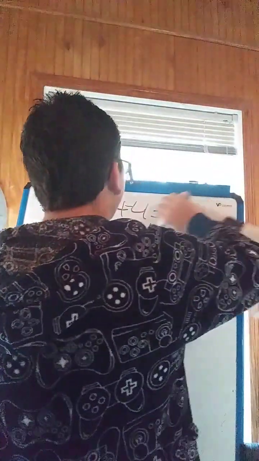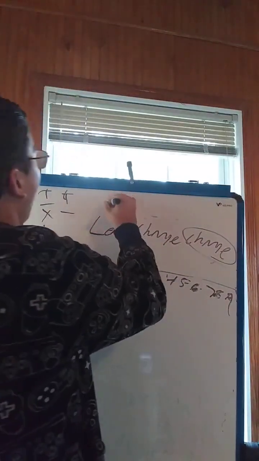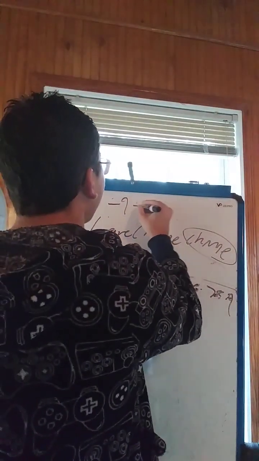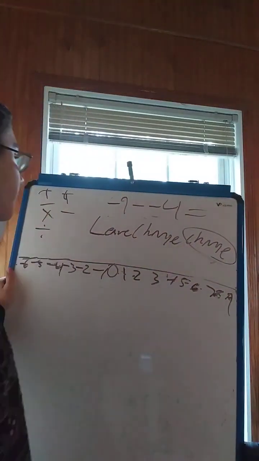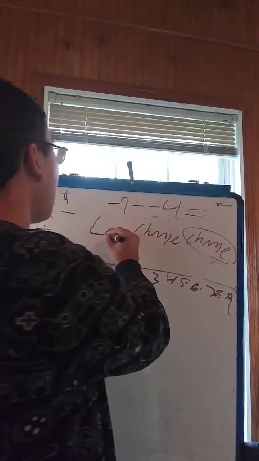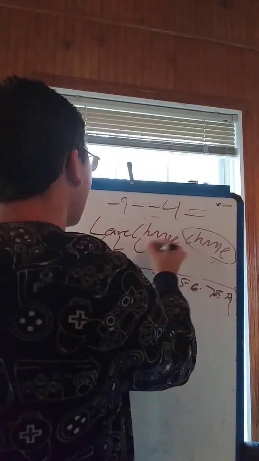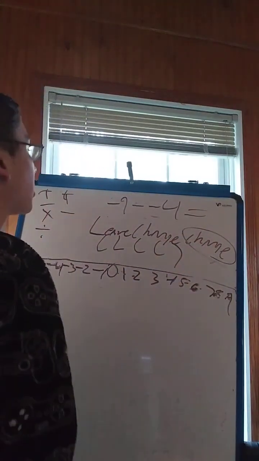Okay, and so let's do another, let's do that same one. So negative 9 minus negative 4. So we have this leave, change, change, or if you had to abbreviate it, LCC for short.